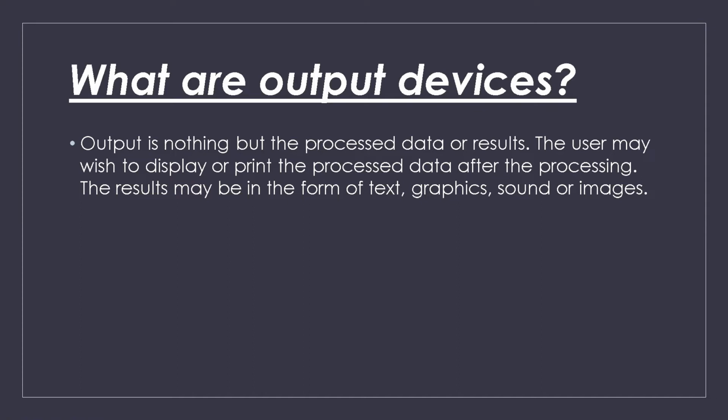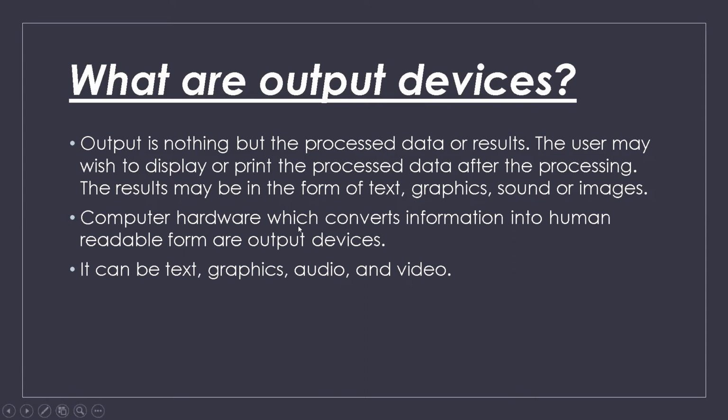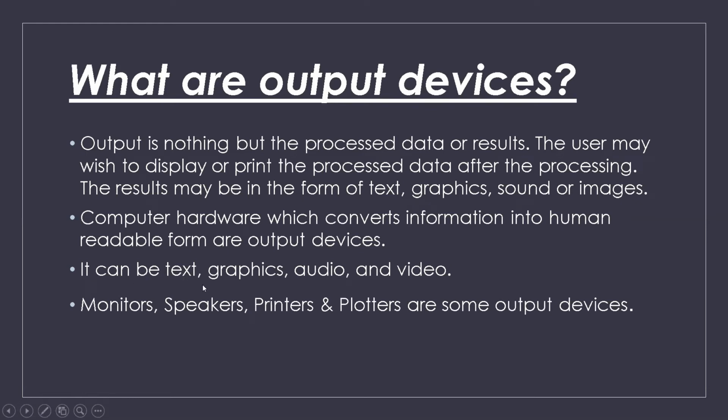The results may be in the form of text, graphics, sound, or images. Computer hardware which converts information into human readable form are output devices. It can be text, graphics, audio, and video. Monitors, speakers, printers, and plotters are some of the output devices.